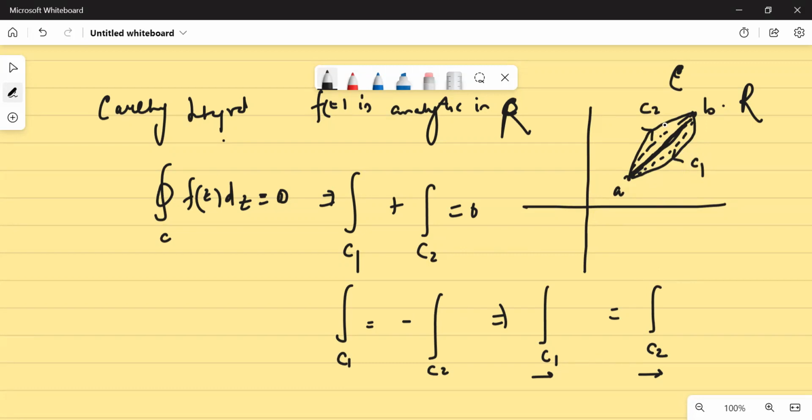Basically, when you are integrating along C2, you can in principle transform your contour to a line. So if I want, let's say, the integral from A to B, it hardly matters whether I go along the curve C1 or along the line C2.